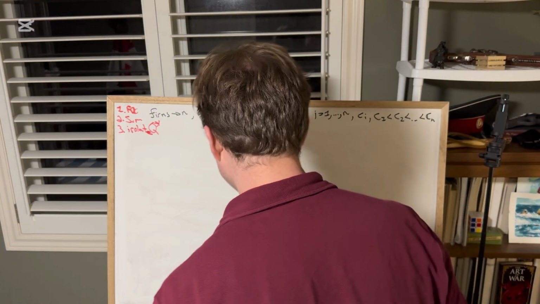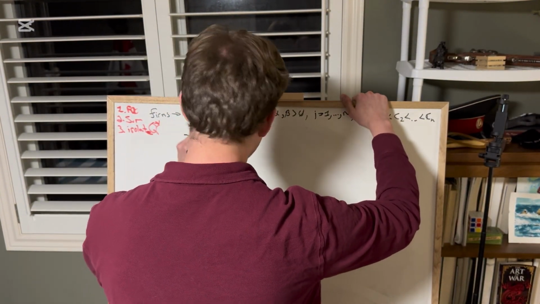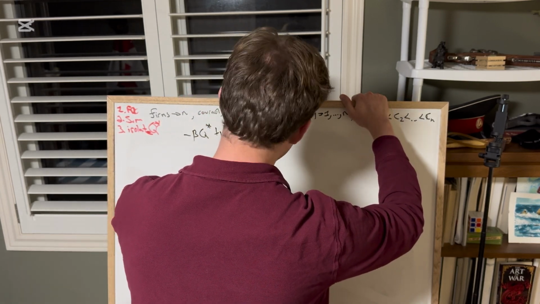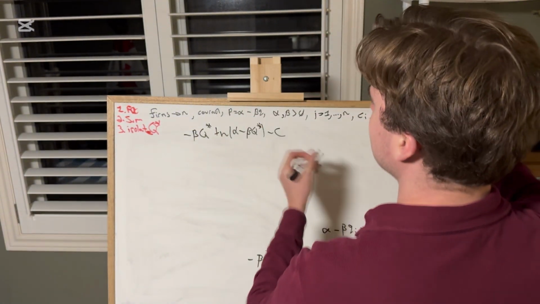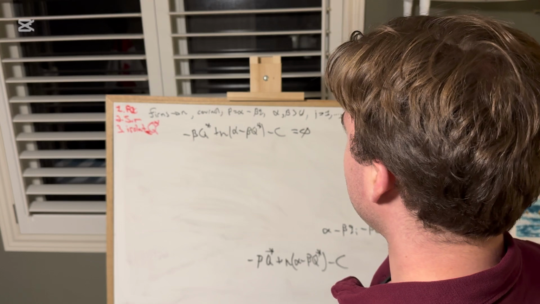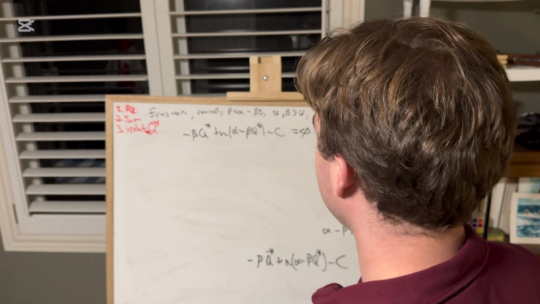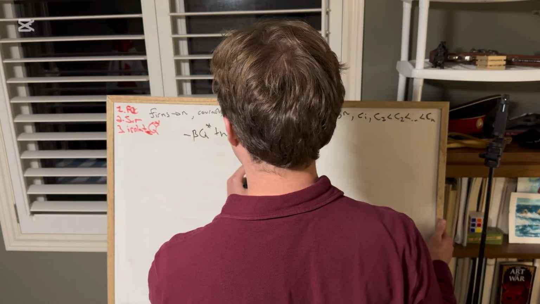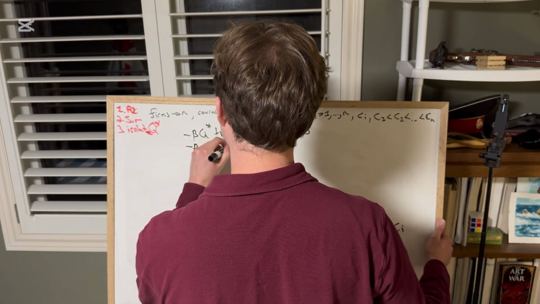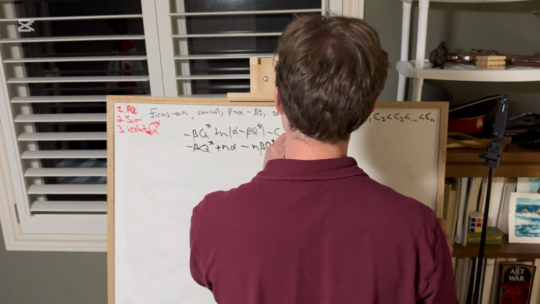Okay? So you have less beta, Q star, plus N, bracket, alpha less B Q star, less C. Okay? And this is equal to 0. So first thing I'm going to do is this gives less B Q star less N alpha less N B Q star less C equal to 0.